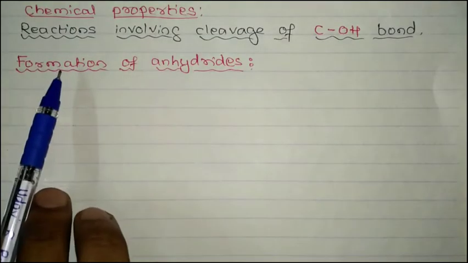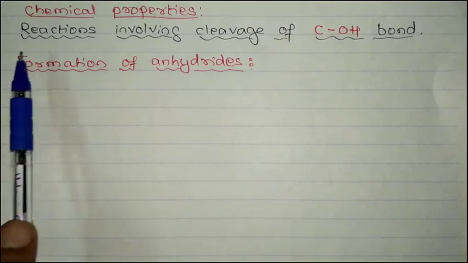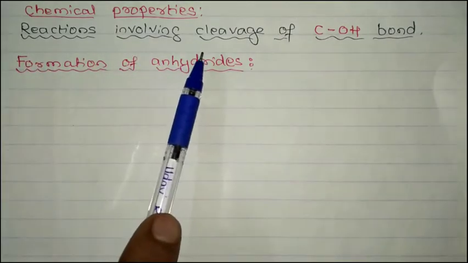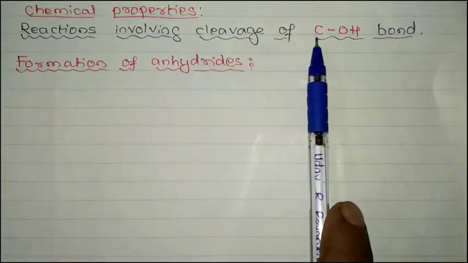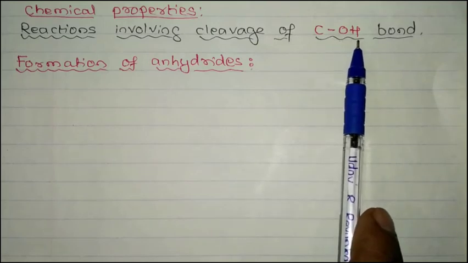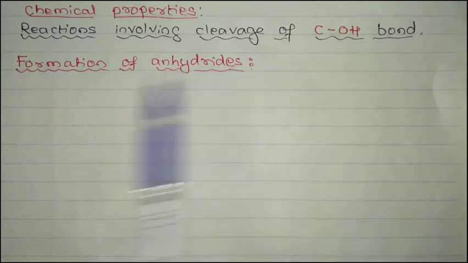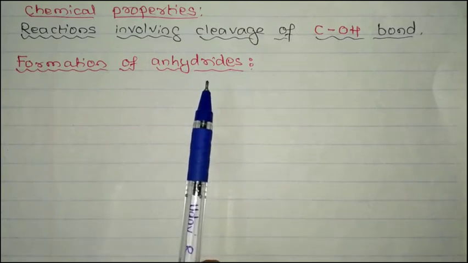Now we'll discuss chemical properties of carboxylic acids. First, reactions involving cleavage or breaking of the C-OH bond. First, formation of anhydrides.